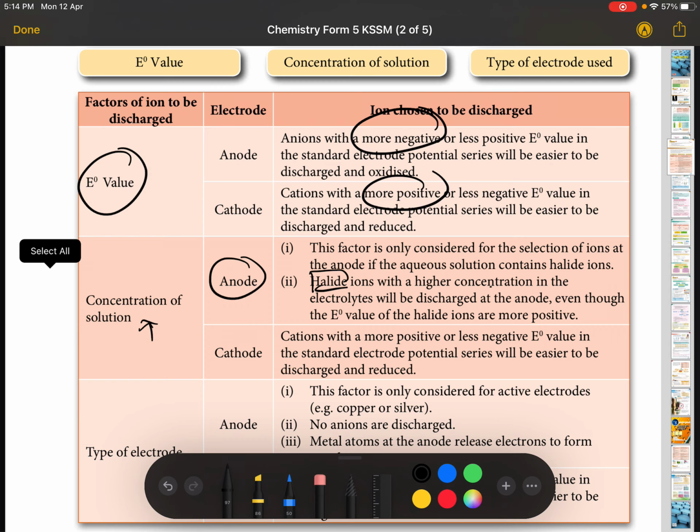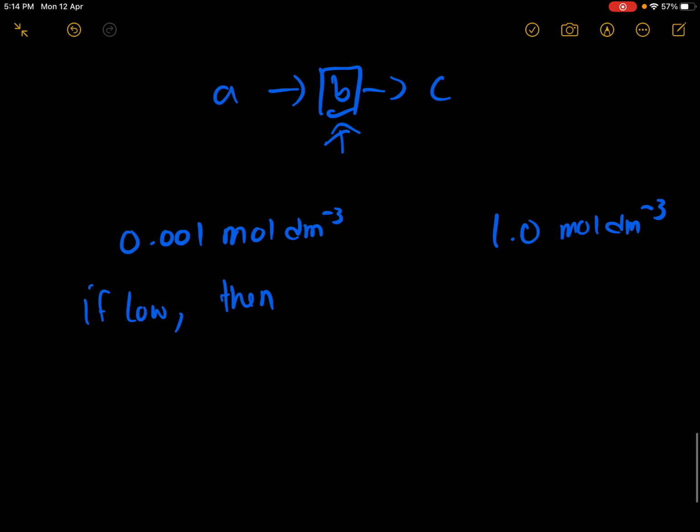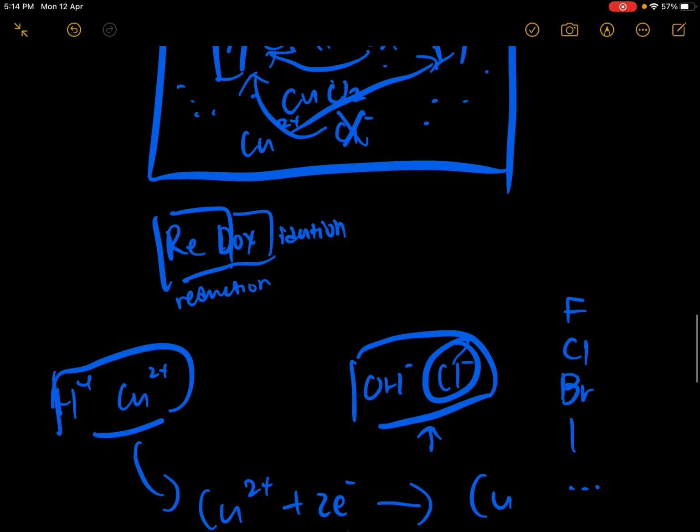Halide ions with a high concentration in the electrolytes will be discharged at the anode, even though the E0 value of the halide ions is more positive. So if this is low, then we look at the E0 value, because it's not high enough to actually take its place. So we look at the E0 value again.